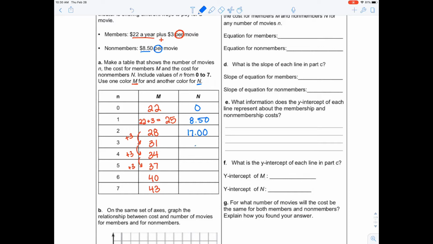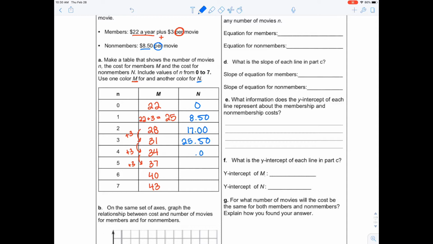$8.50. It's going to be, what is that, $25.50. Okay, and then adding another $8.50, I believe that's $34. And then adding another $8.50, that's $42.50.